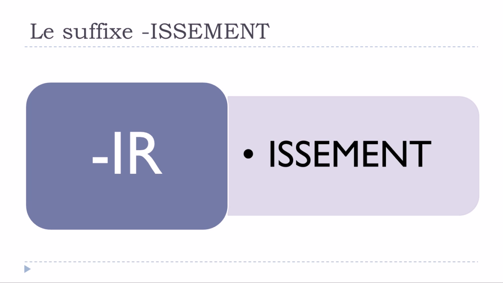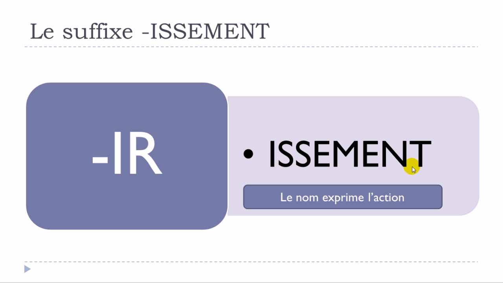The rule is that we take away this ending of the verb and replace it with the suffix isement. The only thing that you should keep in mind, because it's possible to have different types of substantives, is that in that case the noun must express the action.